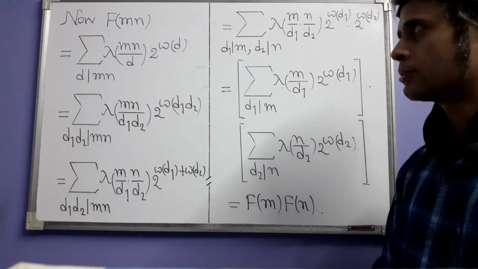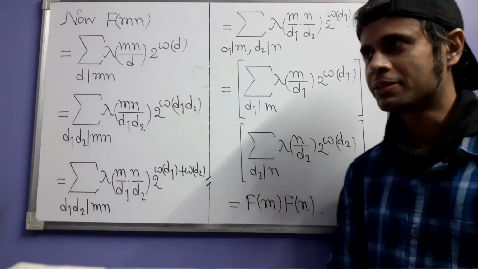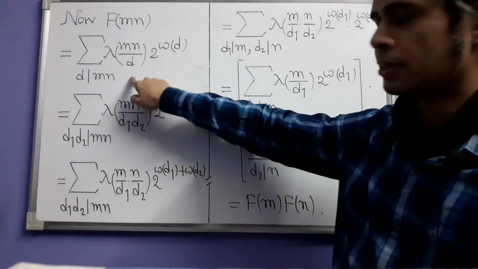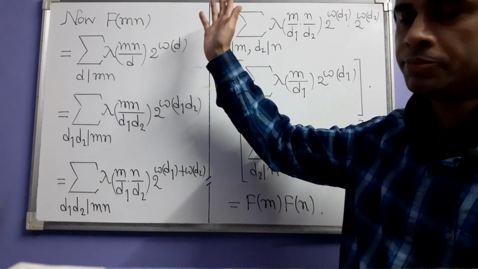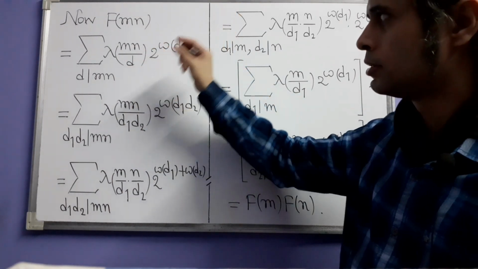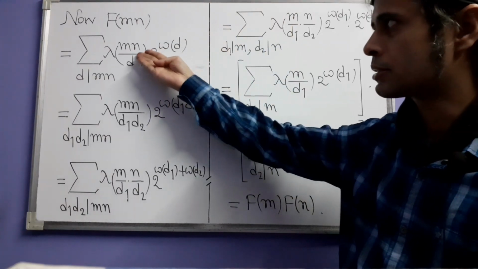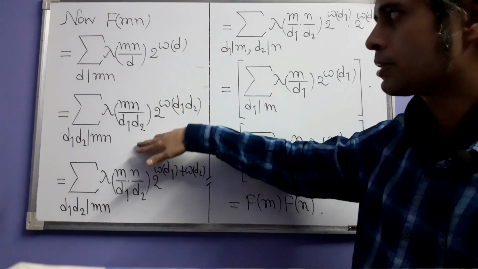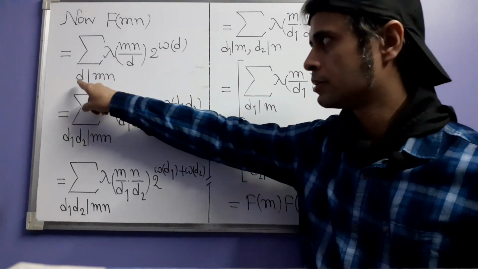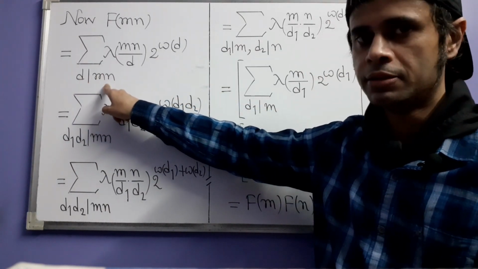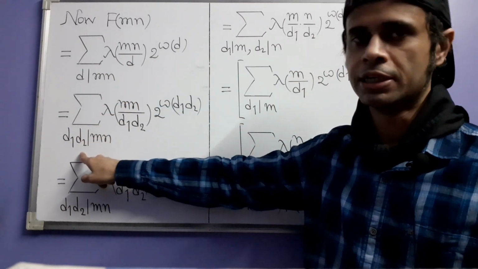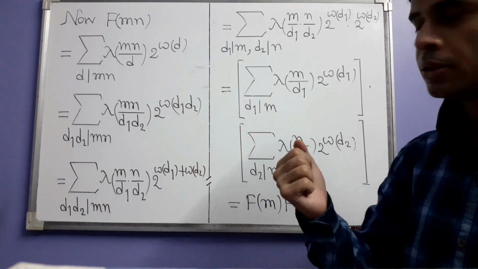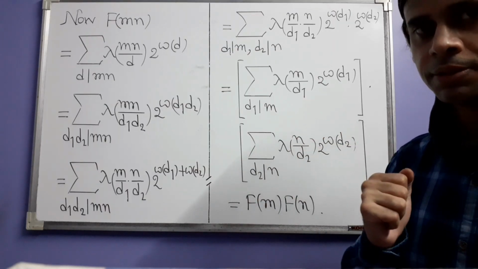So we start our calculation. Yeah, it looks scary, but let's try to understand the steps. First we write what F of mn is. We use the formula, the definition of F. So in that formula, in place of n, we just have mn. That's it. In the next line, we use the fact that the positive divisors d of mn look like this, d1 d2, where d1 is a positive divisor of m, d2 is a positive divisor of n, and d1 and d2 are relatively prime.